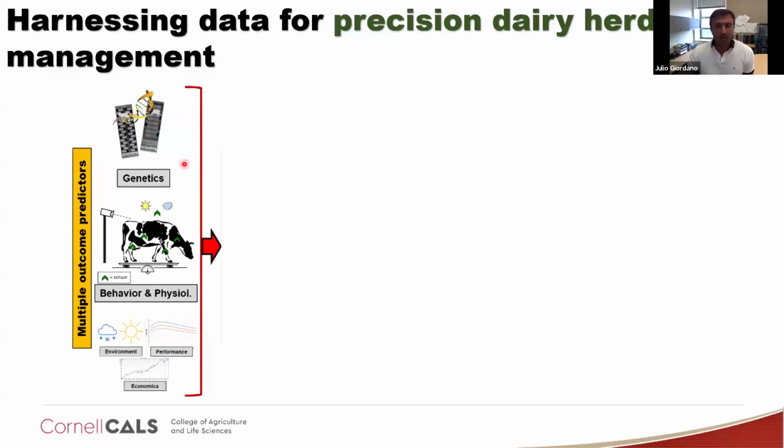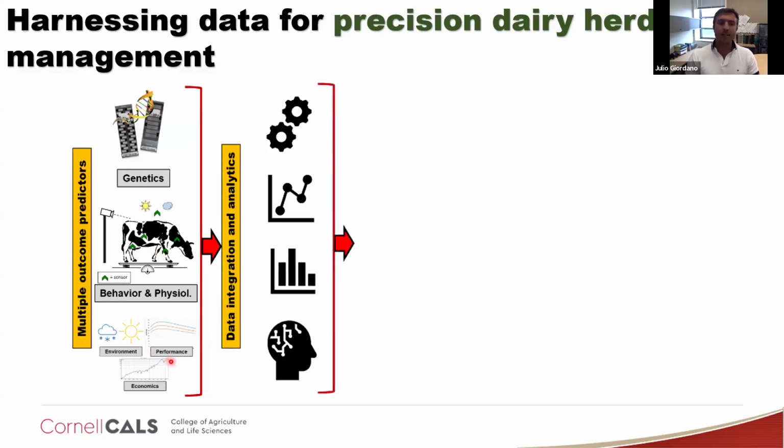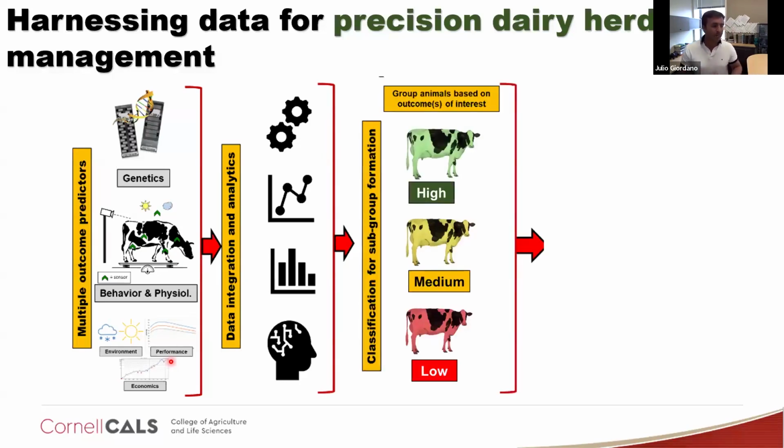But conceptually, we're just trying to put together any data that may have any predictive value or may help us characterize the performance and the biology of cows, whether it's genetics or sensor data, environmental data, performance, just any herd records and economics. And we are taking advantage of, again, the data revolution and analytics and just putting it all together and trying to figure out what to do with that data.